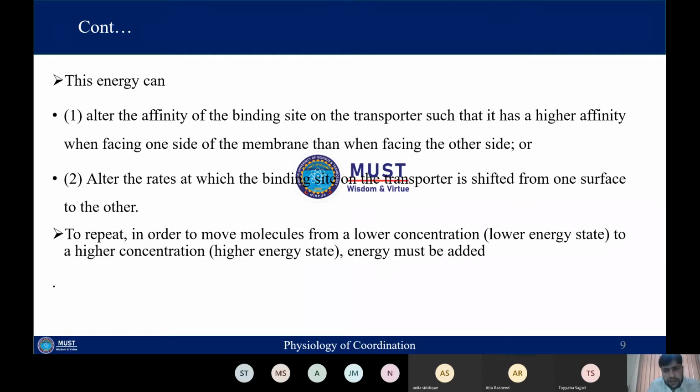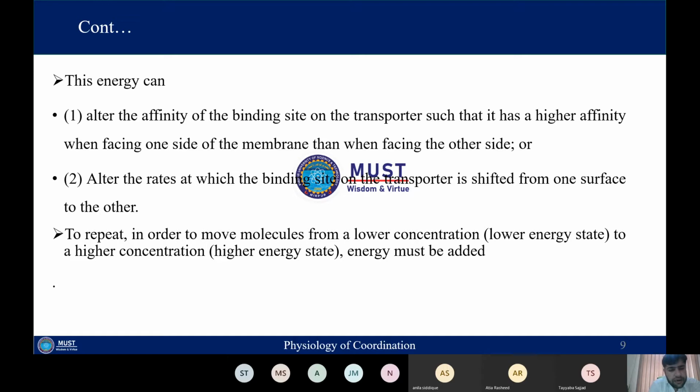So when this transporter protein shows high affinity, the solute particle will bind to it at a higher rate, and they will be facing one side of the membrane as compared to the other side. Meaning when the carrier proteins or transporter proteins are showing the upper configuration towards one side, it means they are showing high affinity for binding, and at the other side, at that particular time, they will be showing low affinity.